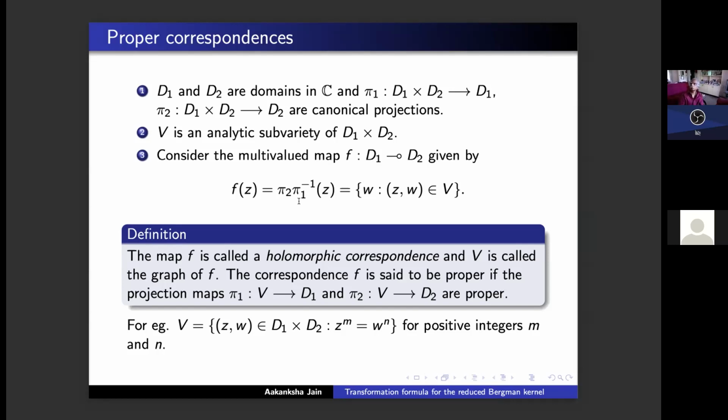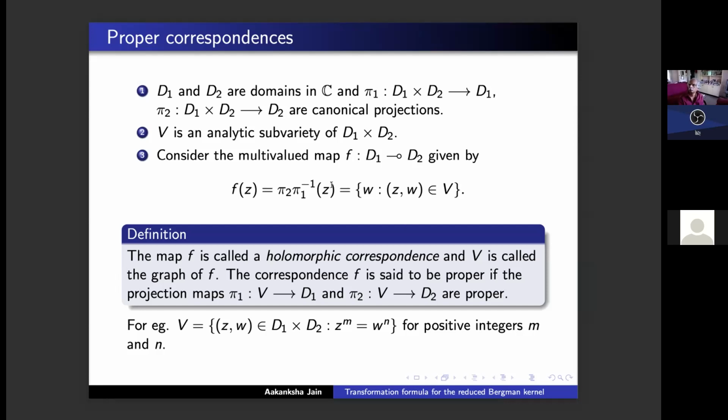Similarly, we can define a set pi1 of pi2 inverse of w for every w in D2, which will be the set of all those z such that (z, w) belongs to the analytic subvariety.